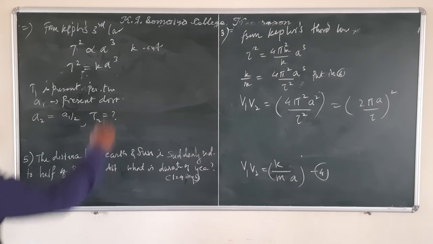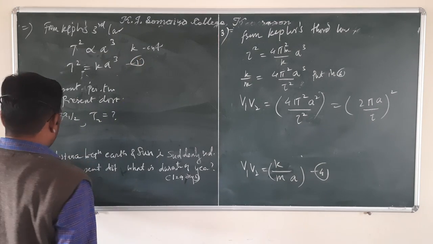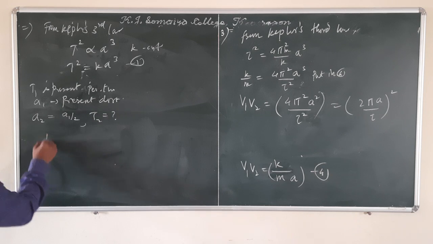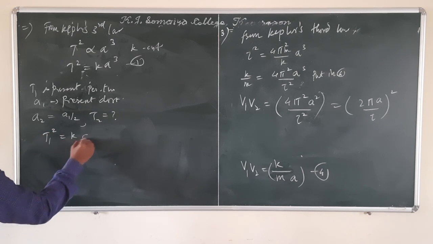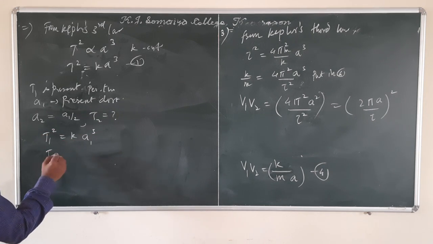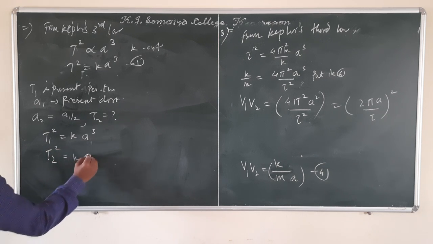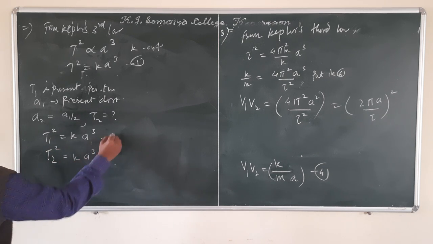Now from equation 1, we can write, for the present distance, T1 square is equal to k into a1 cube, and for the second case, T2 square is equal to k into a2 cube.